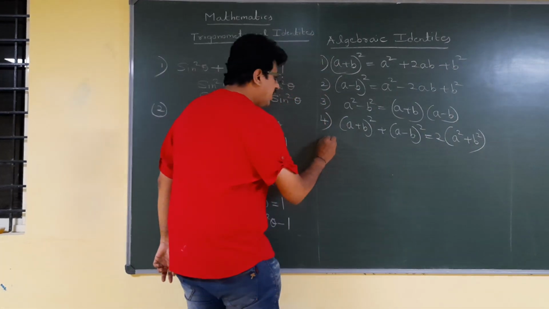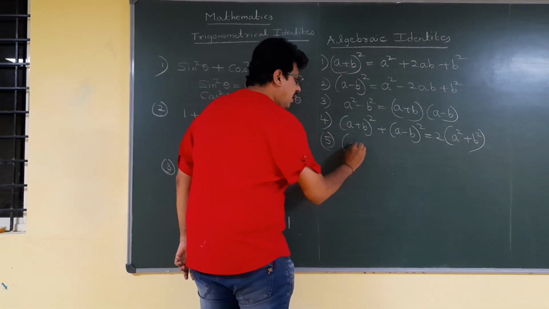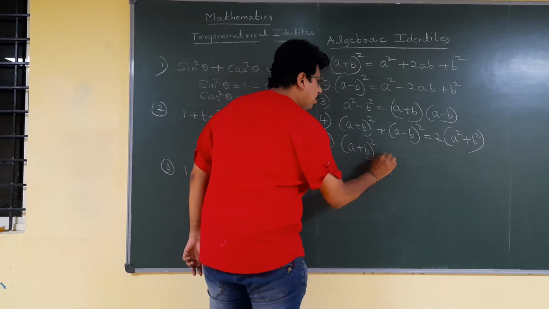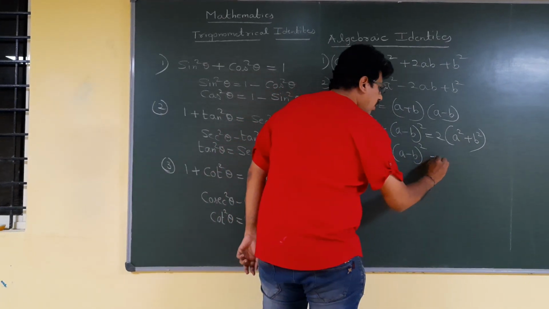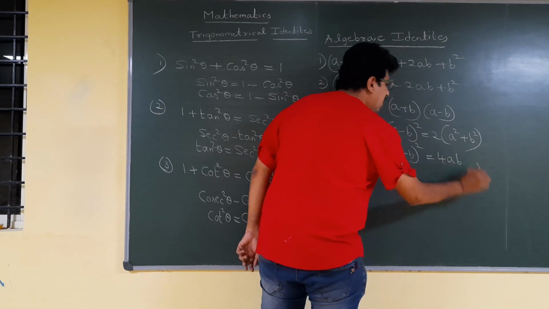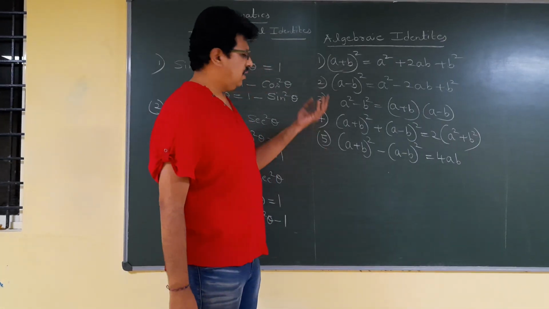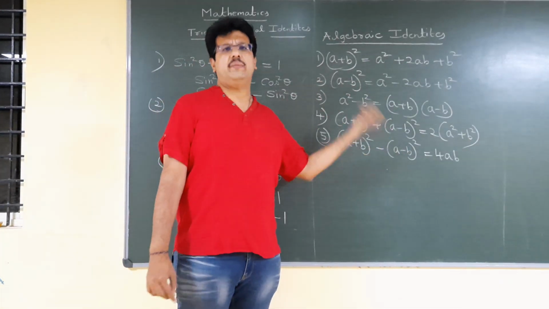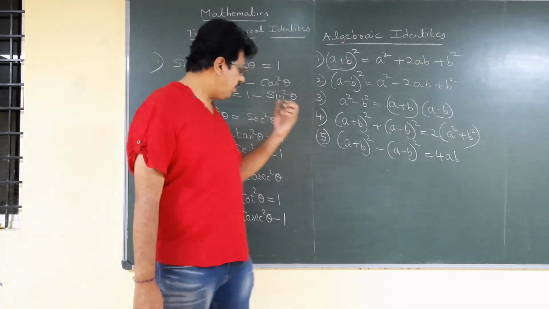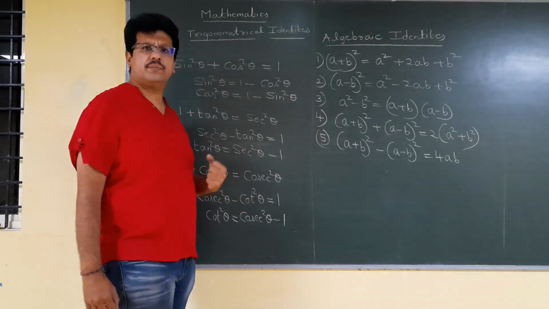And the fifth one is a plus b whole square minus a minus b whole square, which is equal to 4ab. See, children, these algebraic identities are equally important along with the trigonometrical identities.